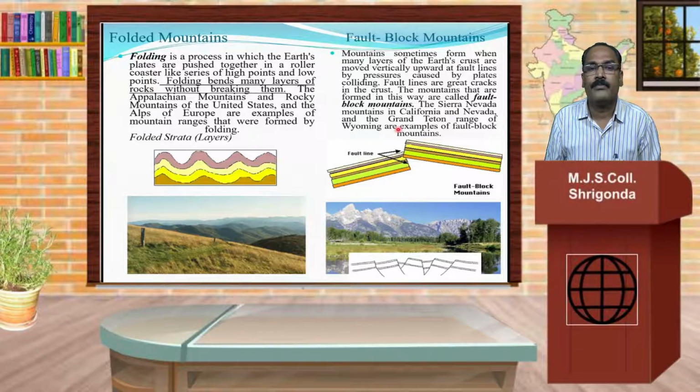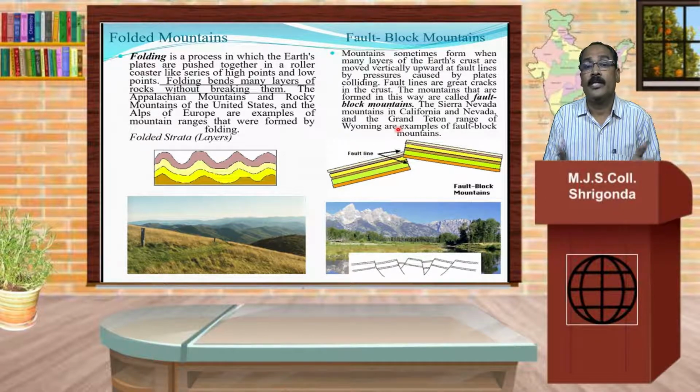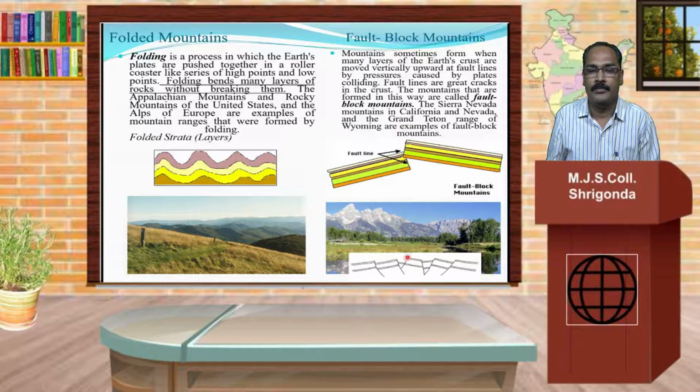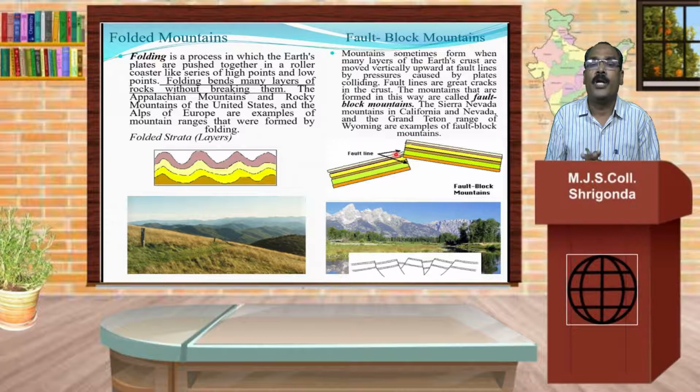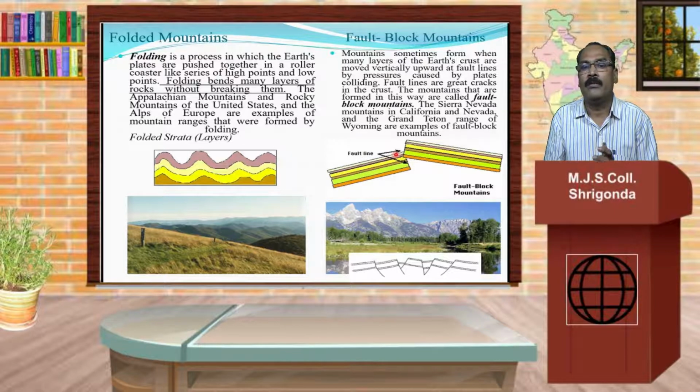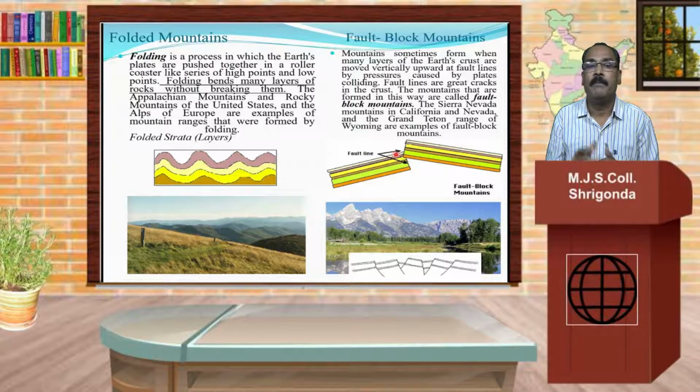Mountains sometimes form when many layers of the earth's crust are moved vertically upward along vertical fault lines by pressure caused by colliding plates.